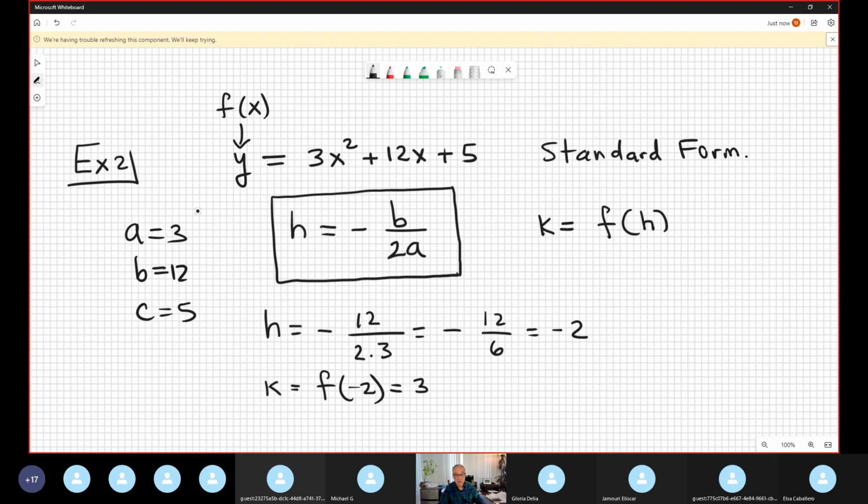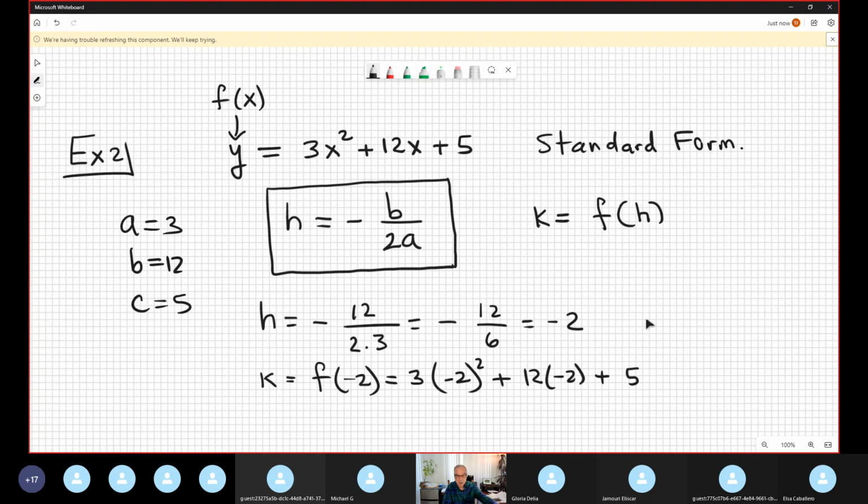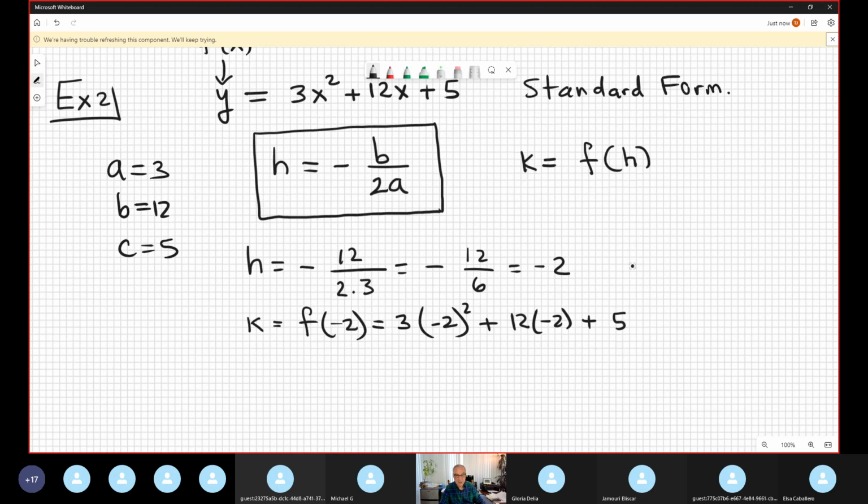So you have 3 times minus 2 squared plus 12 times minus 2 plus 5. It's 17. I don't think so. No, let's do it. Maybe you're right, but I don't think so. Negative 2 squared is 4. 4 times 3 is 12.